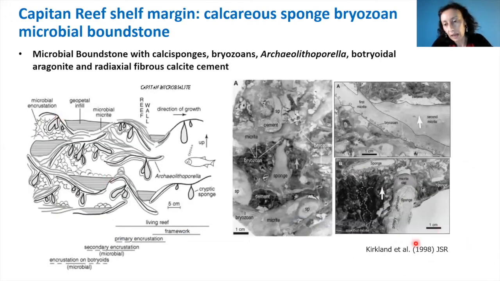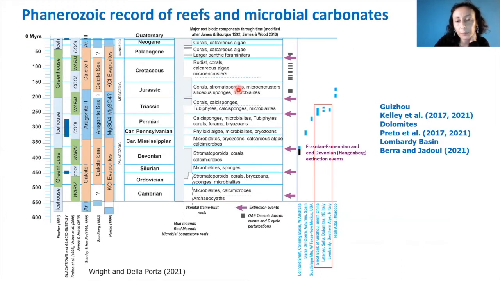These are studies on the composition of the Capitan Reef, showing the association of calcareous sponges with several types of microbial crust and calcimicrobes like Archaeolithoporella and bryozoa, with abundant aragonite, botryoidal aragonite, and radiaxial fibrous cement, as in the other microbial slopes.